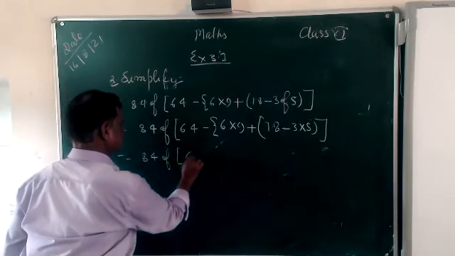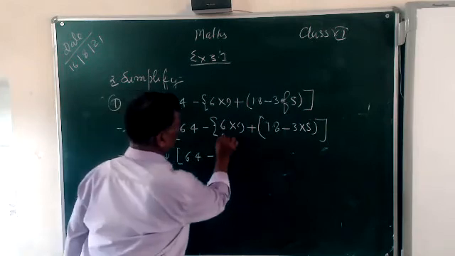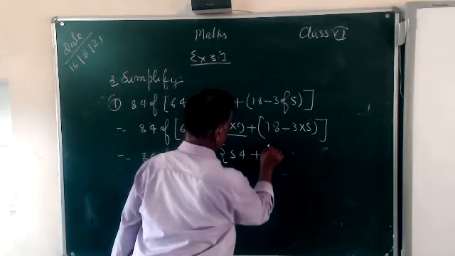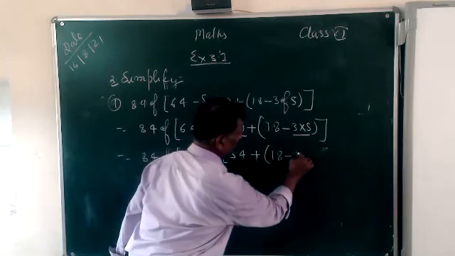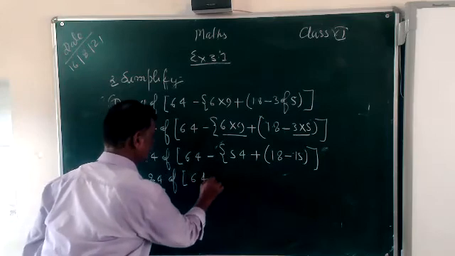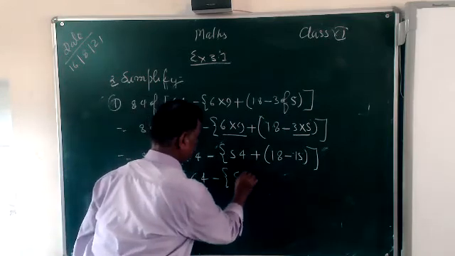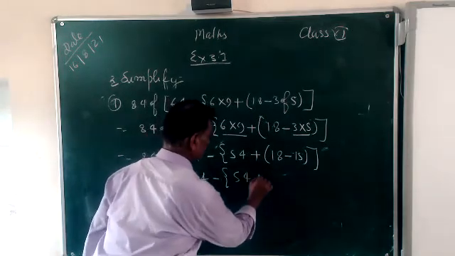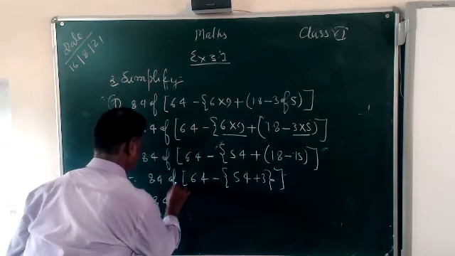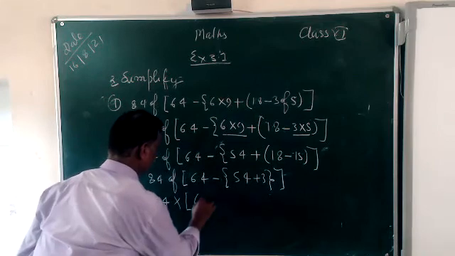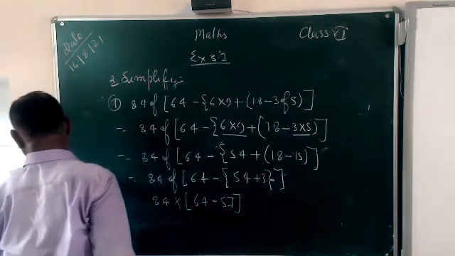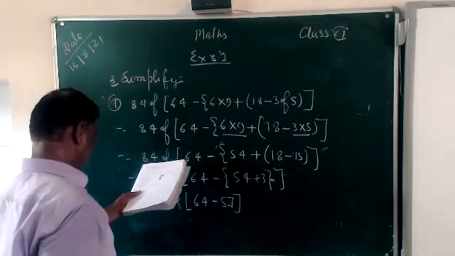84 of 64 minus, in curly bracket, you multiply with this, 54 plus, in common bracket 18 minus, multiply this, 15, square bracket, common bracket close. 84 of 64 minus, in curly bracket 54, subtract this 3 coming, then plus 3 in curly brackets and then square bracket. 84 multiplication in square bracket 64 minus 57. 64 minus 57.